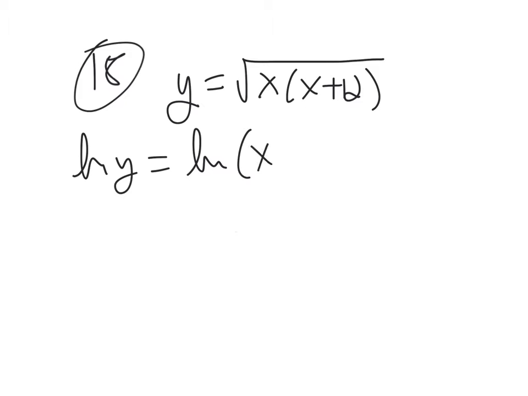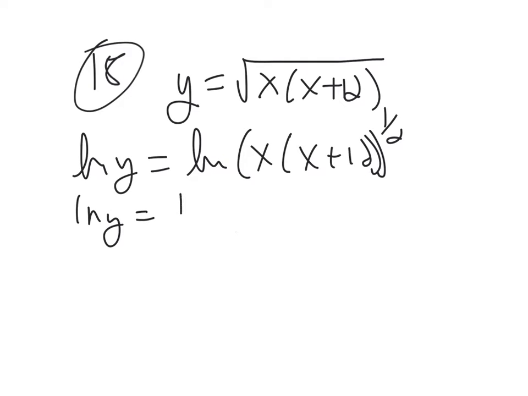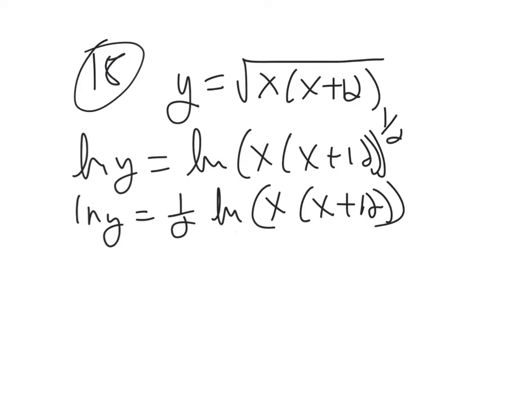So I'm going to do ln of x times (x plus 12) to the 1/2 power, and then because that's a power and we're taking a log, we can use that power rule for logarithms and just bring the 1/2 down in front. And because I'm multiplying these two expressions, I can break those out to the sum of two logs.